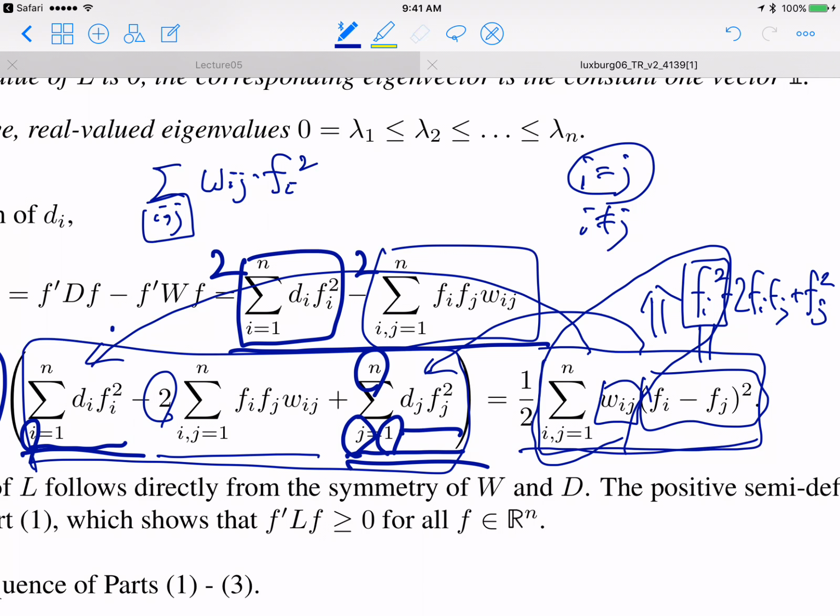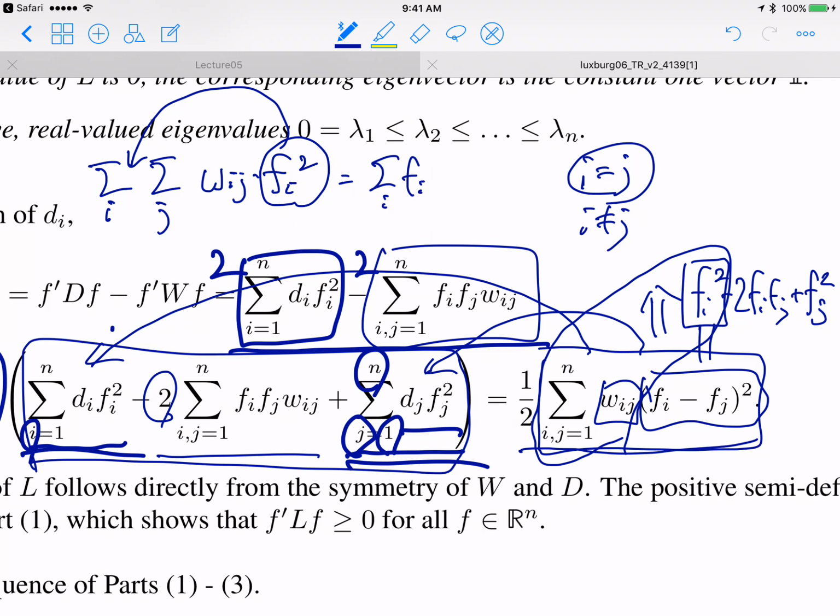Let's write this as a double loop over i and j, and fi squared can be moved outside of the inner loop because it's not dependent on j. So it is the sum over i of fi squared times the sum over j of wij.